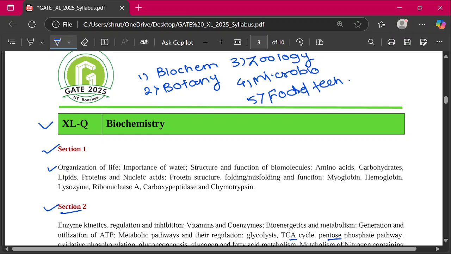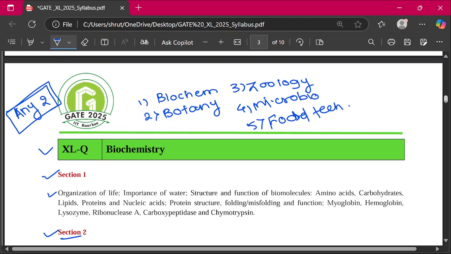From these elective subjects, you have to attempt any two. In the paper, you attempt any two from these five, hence they are named elective subjects for the GATE Excel examination.